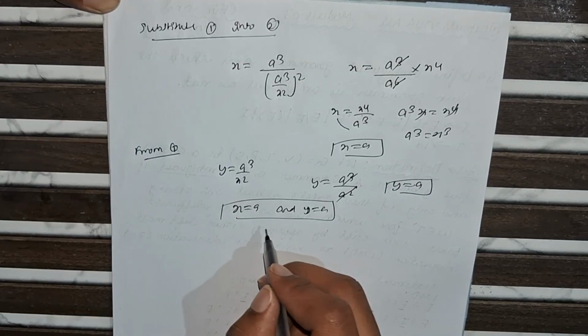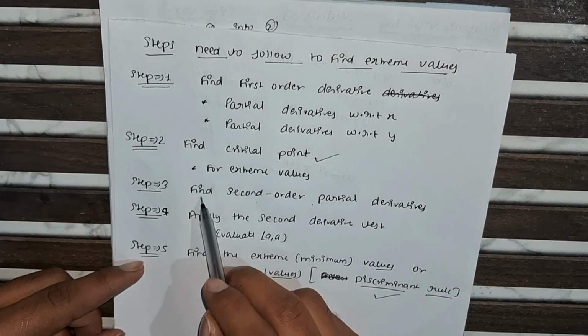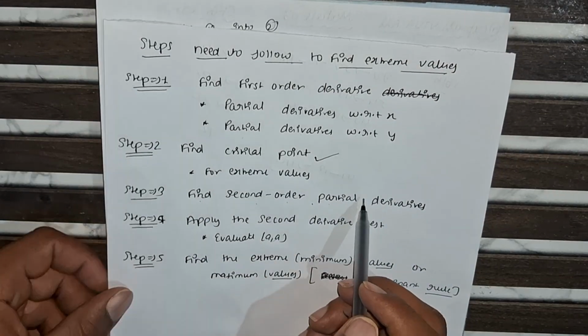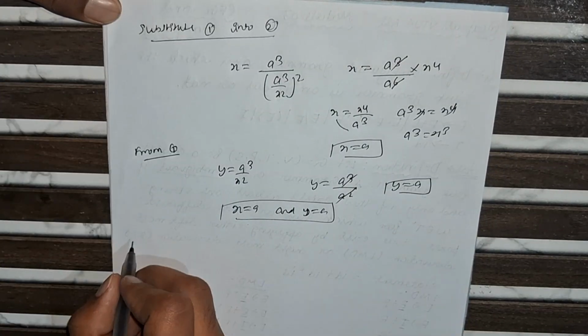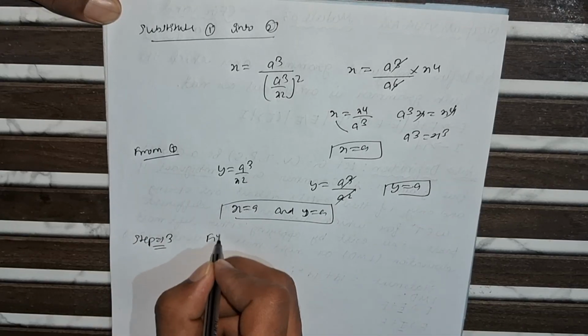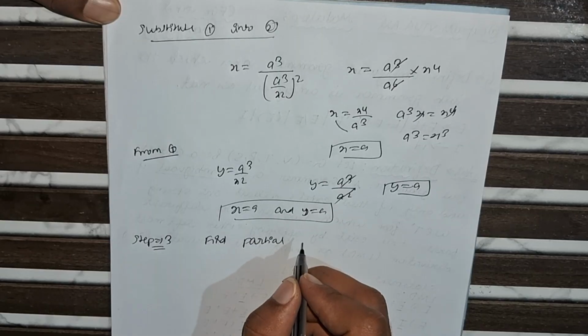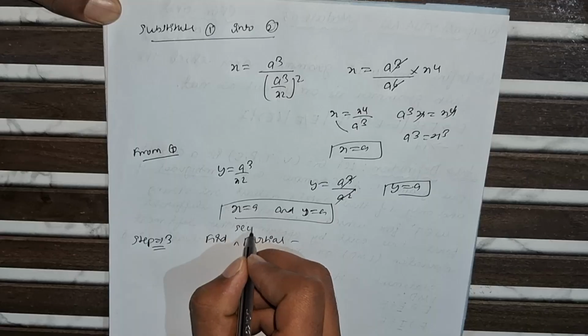So now we already got the critical points. Now move to our third step. Our third step is find second order partial derivative.